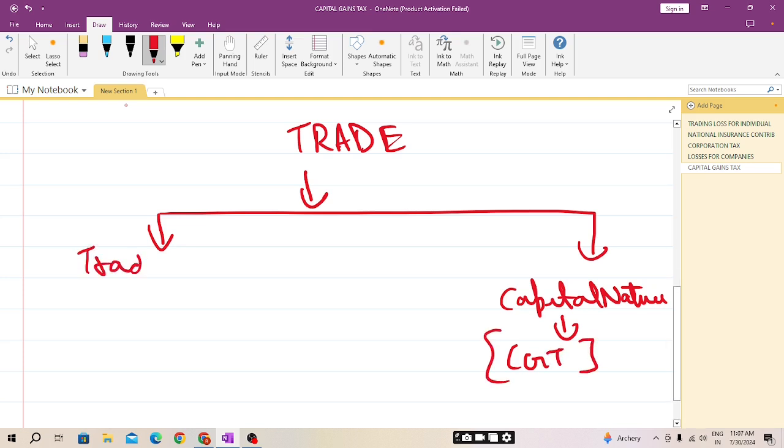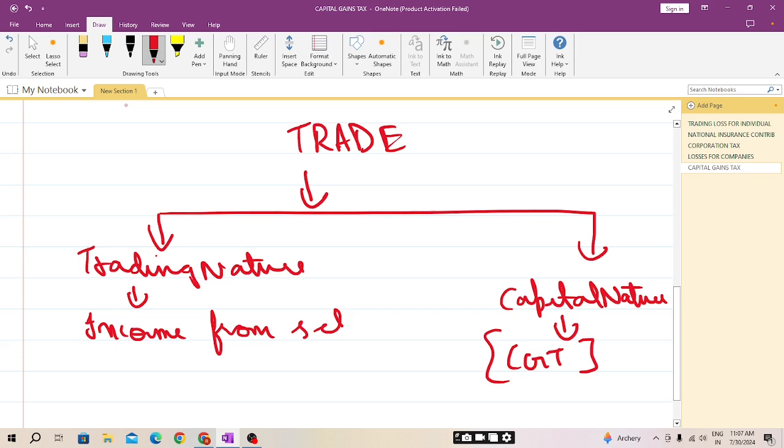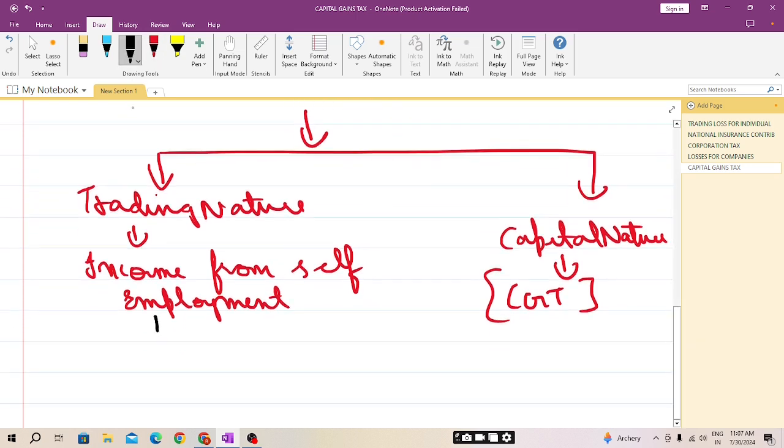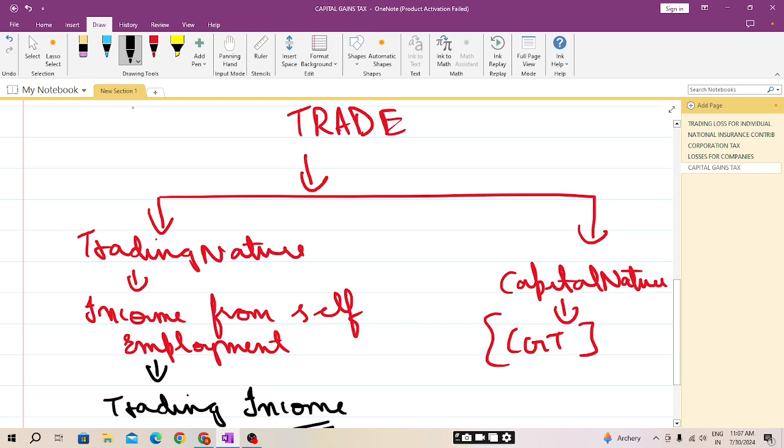If the transaction is of a trading nature, it will be covered under the head of income from self-employment, known as trading income, and income tax will be calculated.